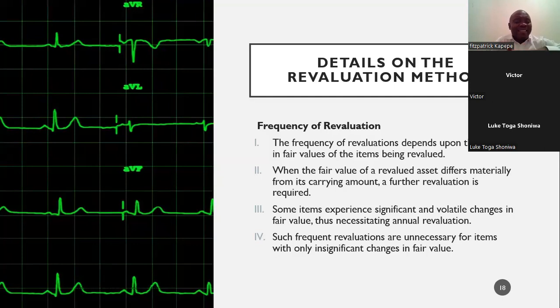It cannot be exact, but there should be some levels of tolerance. Some items experience significant and volatile changes in fair value that would also necessitate annual revaluation. Such frequent revaluations are necessary for items only with significant changes in fair value, which I've already mentioned. Must be substantial, must be very material.